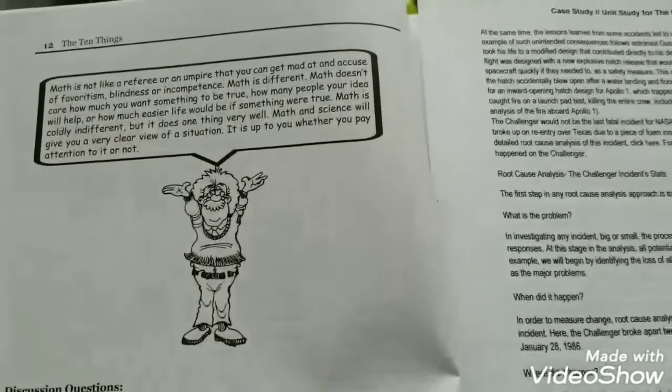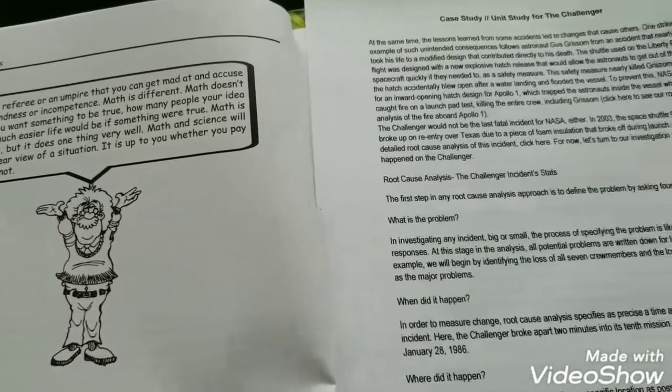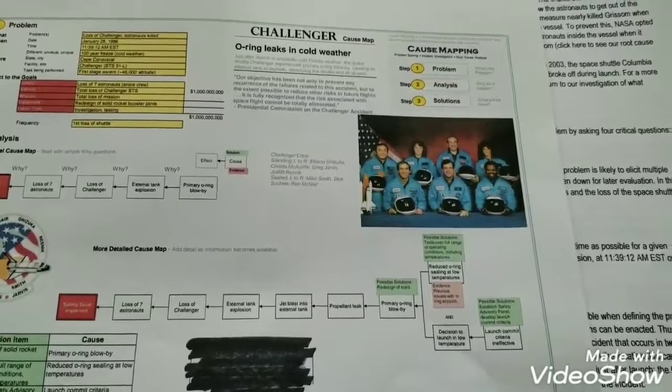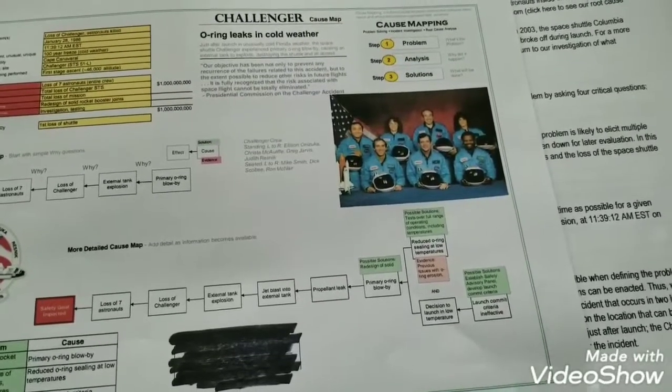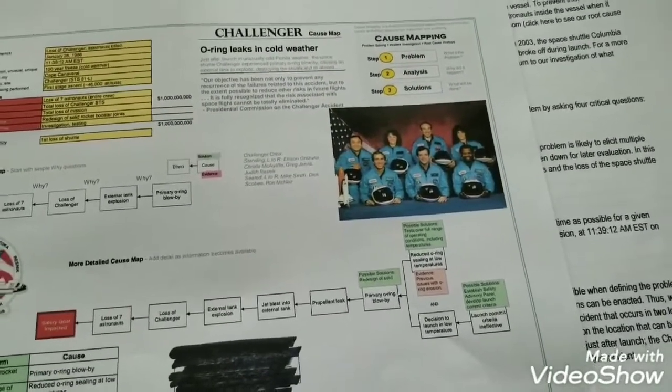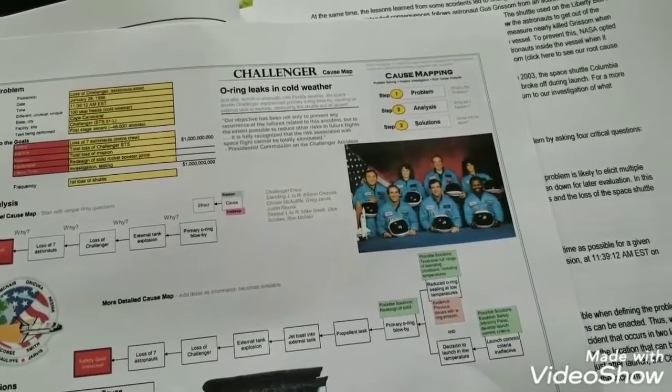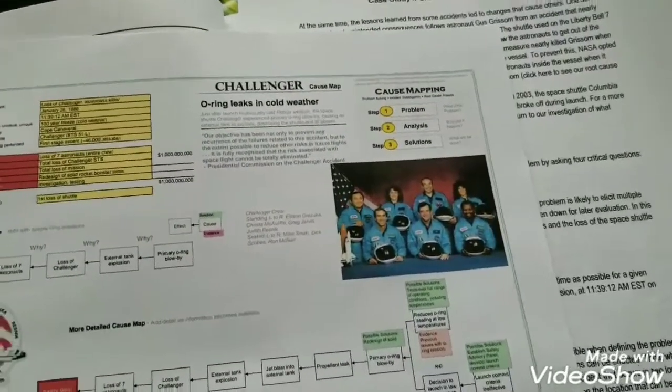And reading this case study and doing this here in preparation, this was extremely interesting to me. And I think a lot of students who go through the process of doing a case study will also find it extremely interesting.